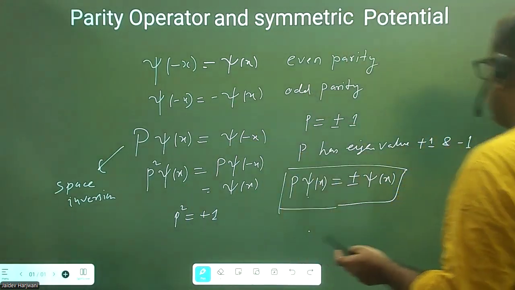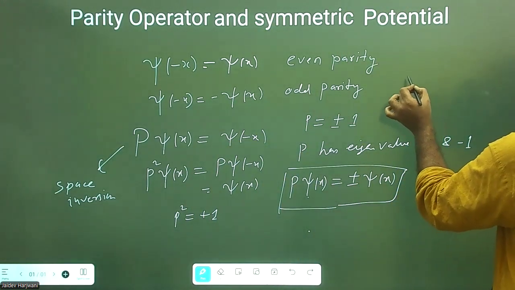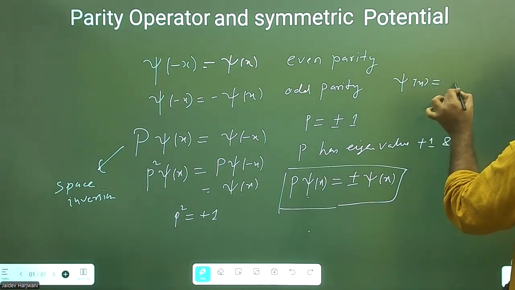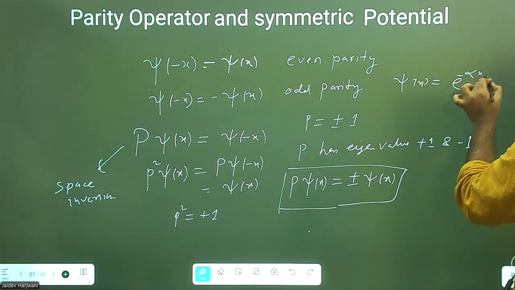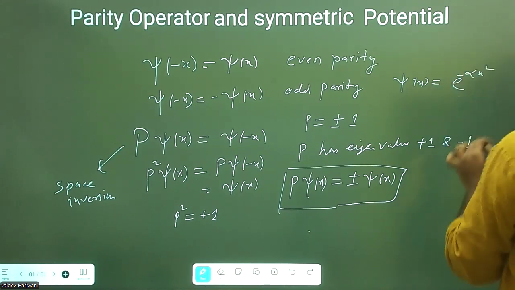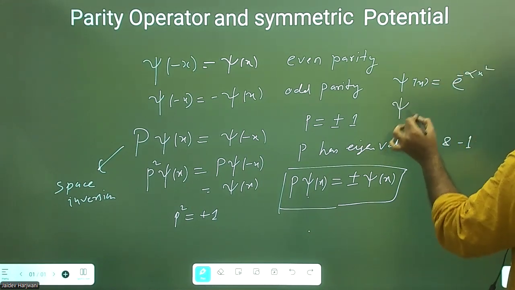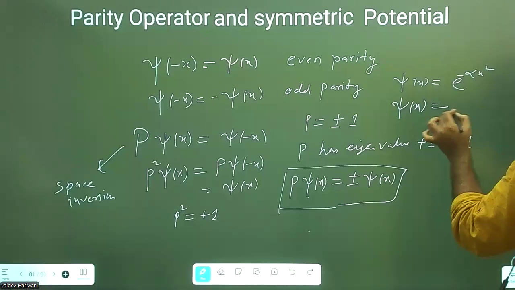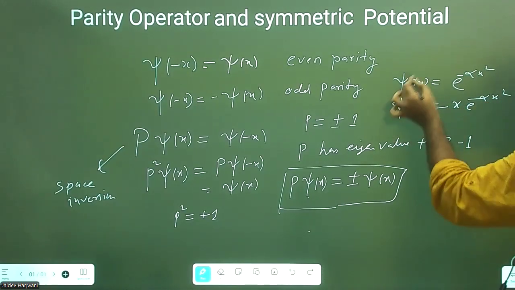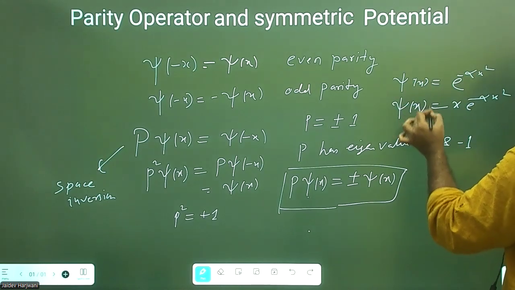For an example of an even function, you can take e to the power minus alpha x squared type of functions, like the ground state of the harmonic oscillator. Or you can take the first excited state of the harmonic oscillator, x e to the power minus alpha x squared.